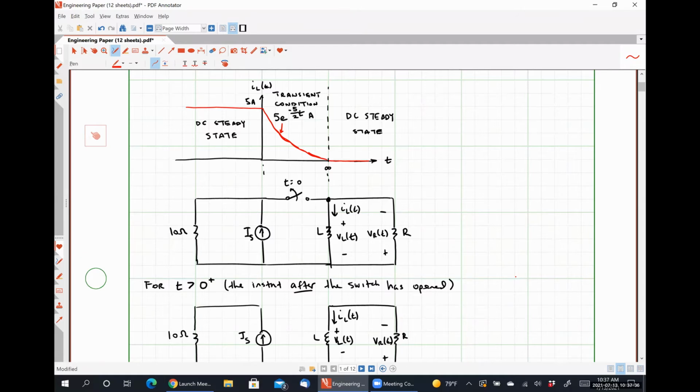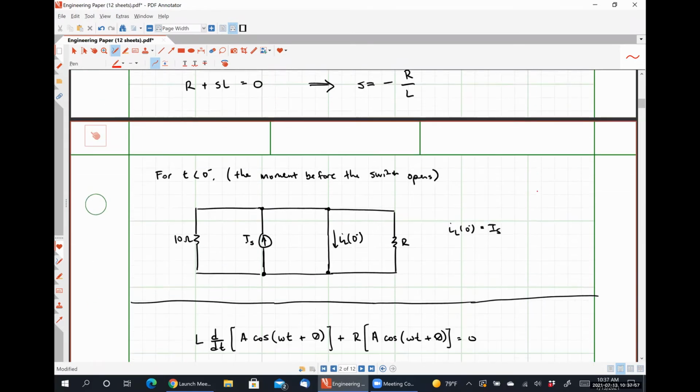The circuit enters a transient condition, and we should observe either exponential decay when we're taking an independent source out, or exponential growth when we're adding an independent source in before we settle back to another DC steady state condition. All right.